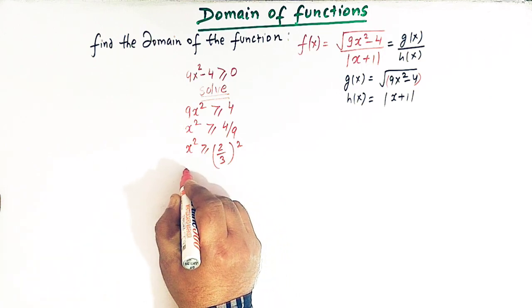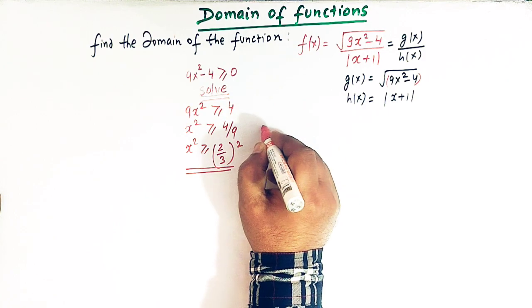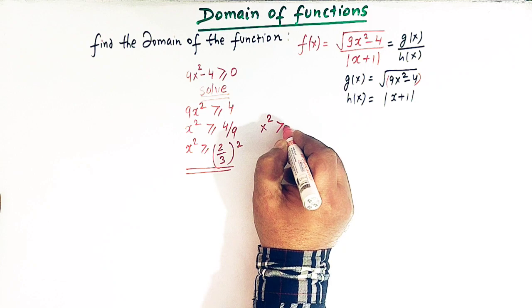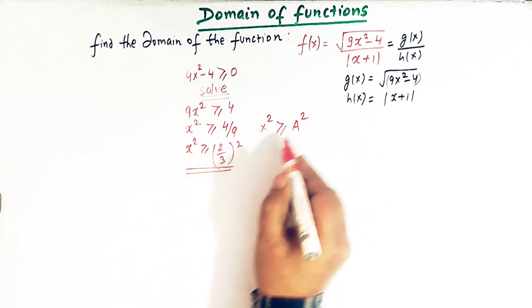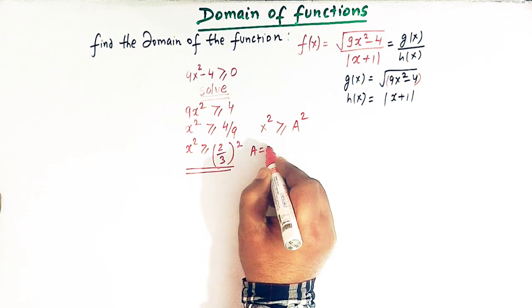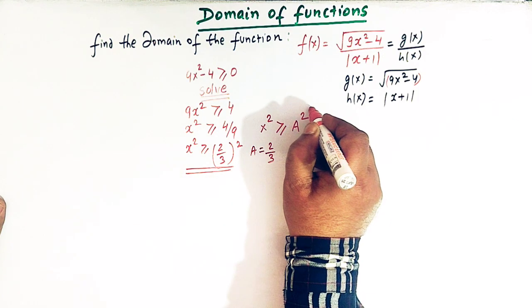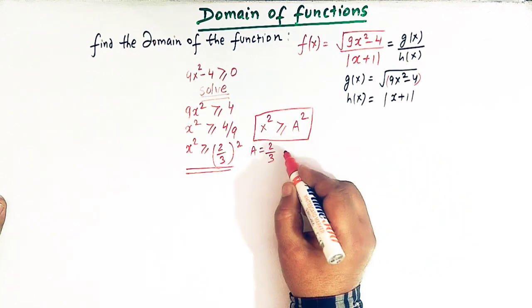So now here we have an important type of inequality, that is of this form, x square greater than or equal to, say, a square. So in this case our a is 2 over 3. So now the solution of this type of inequality can directly be written.